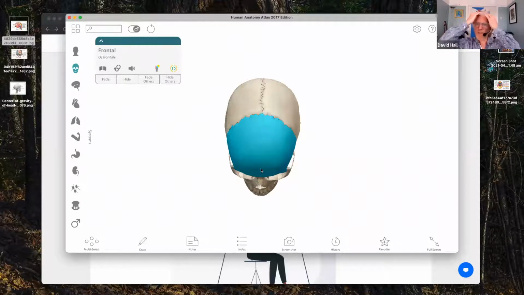You've got to keep your fingers still. You move it back till you can feel there's a bumpy bit. And you can feel this suture. It's called the suture, or the division, the joint between the two bones here. Trace it. Move along and feel that bumpy little bit of bone there.